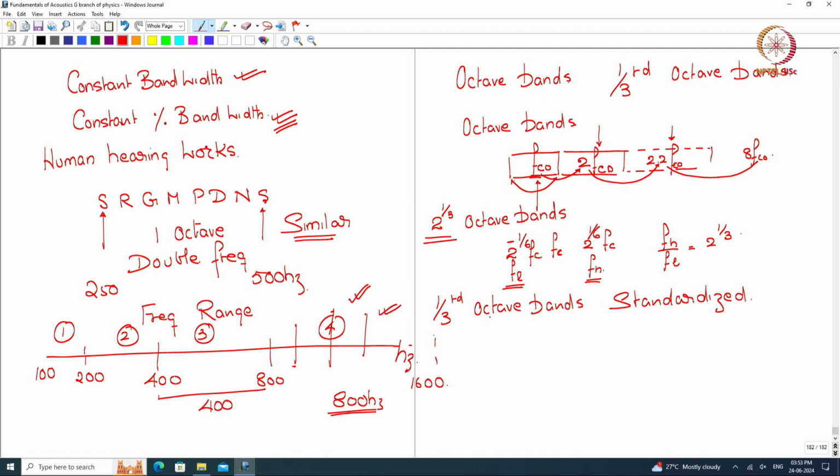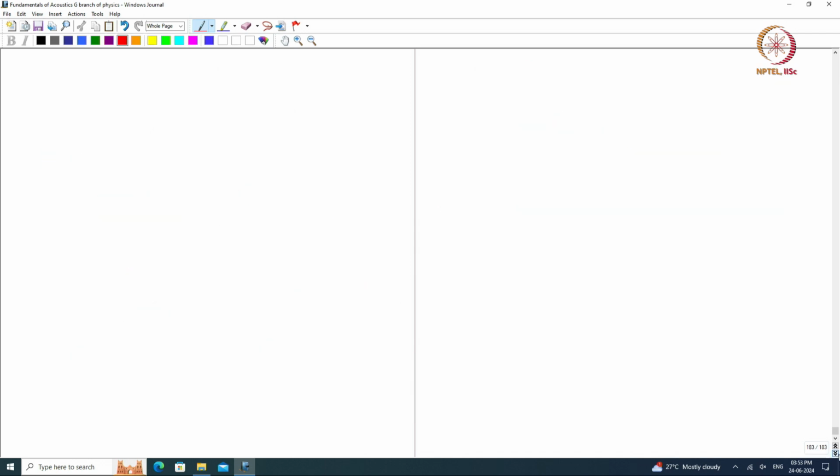Okay. Now these third octave bands are standardized. What is the standardization? I will not write all of them, but one of the center frequencies is 100 hertz. Even before that, it turns out that 2 to the power 1/3, to the power 10, is approximately 10.